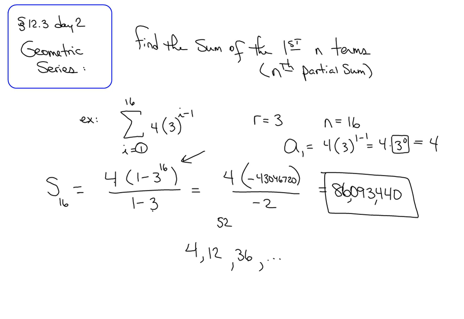So, you guys are going to be asked to do some pretty straightforward things. They're going to give you problems with the sigma notation. So what if they give you one that looks like this? What if we have the summation i equals 1 to 7 of 2 times 1/3 to the i minus 1.